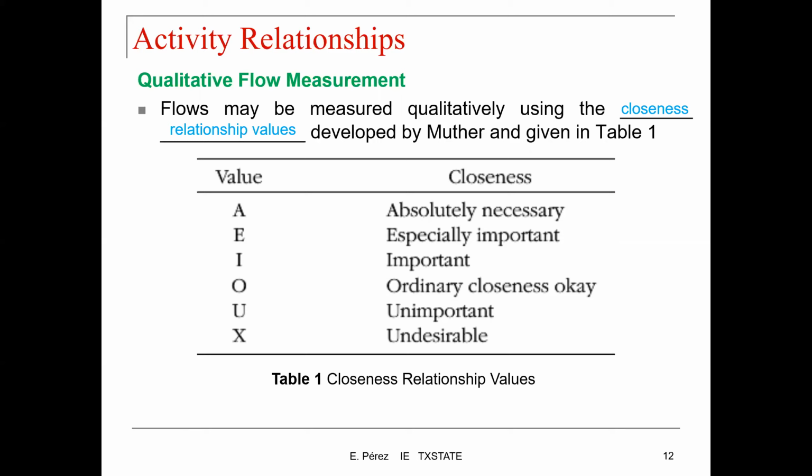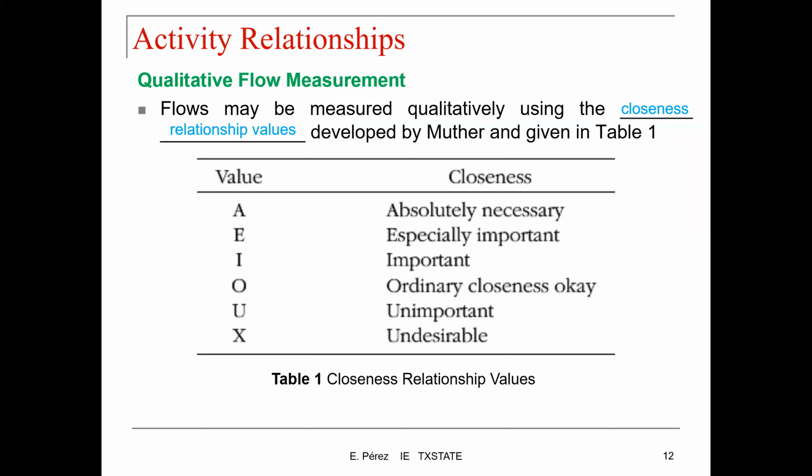So these qualitative relationship values are very important for things such as, let's say you have a department that needs to be close to an exit, or to a dock for getting the trucks close to it so you can get the materials in a fast way.